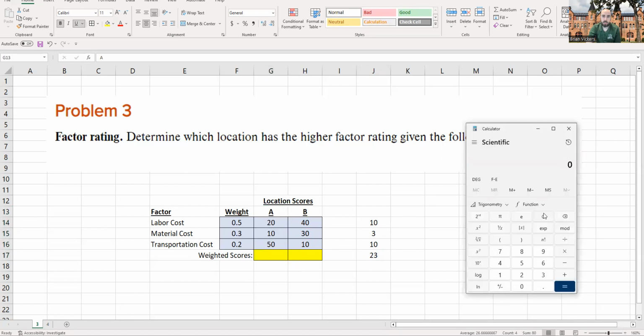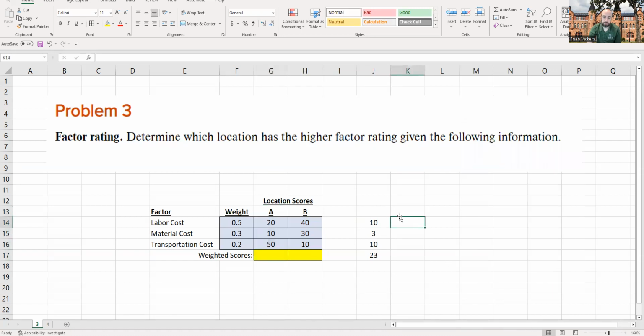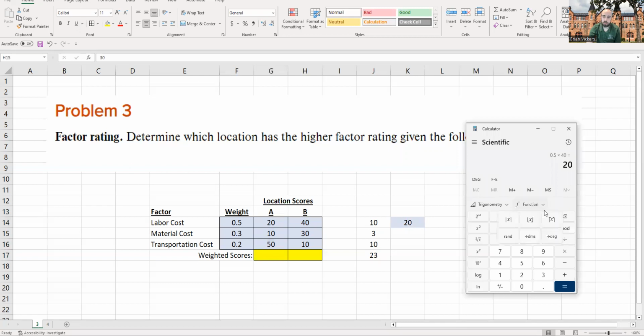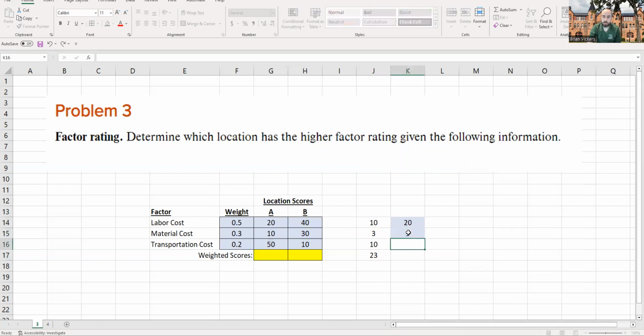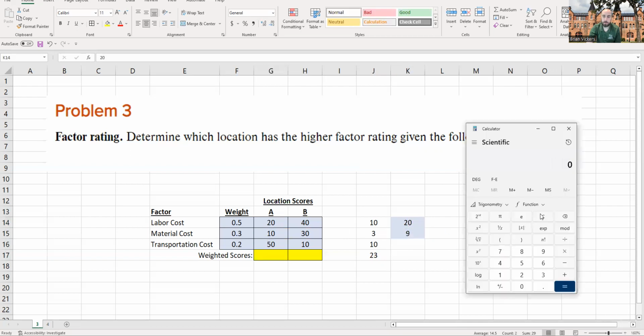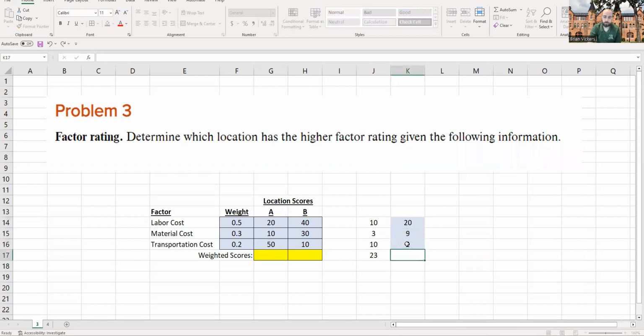Location B gets 0.5 times 40 is 20. 0.3 times 30 is 9. 0.2 times 10 is 2.